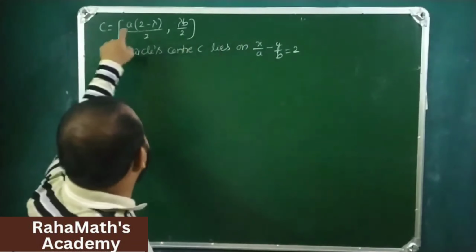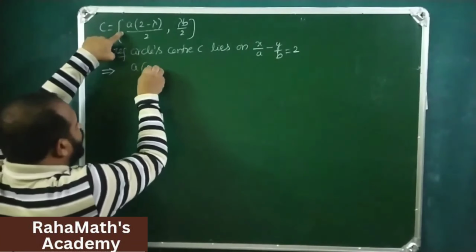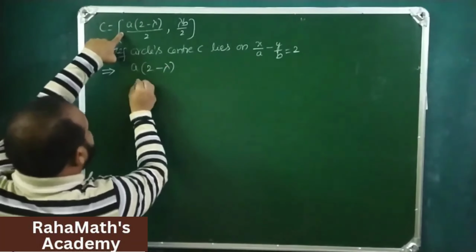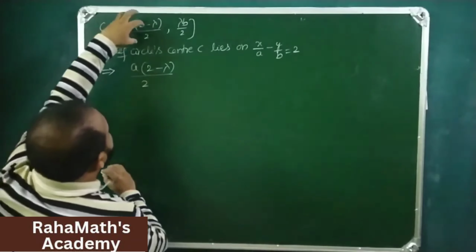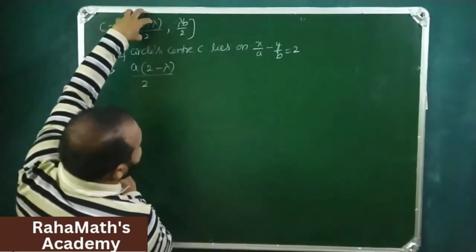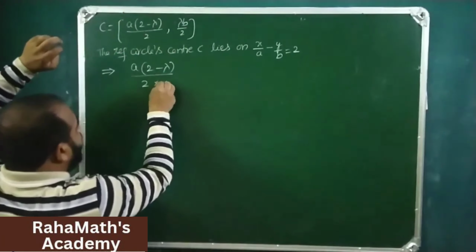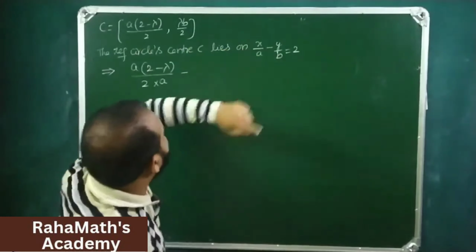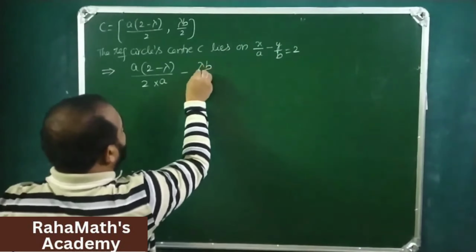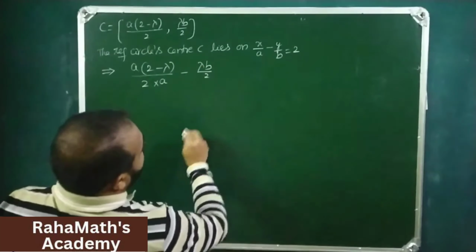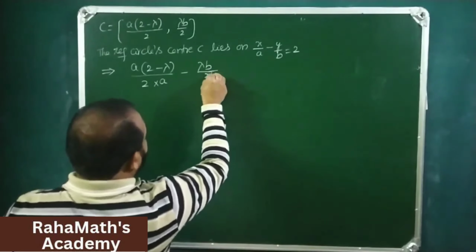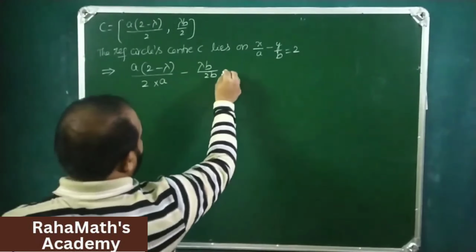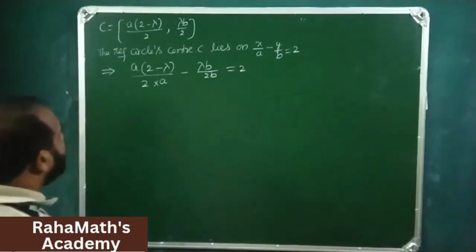So in the place of x, a into 2 minus lambda by 2, this is x by a, so into a, minus y, which is lambda b by 2, by b, into b, equals 2.